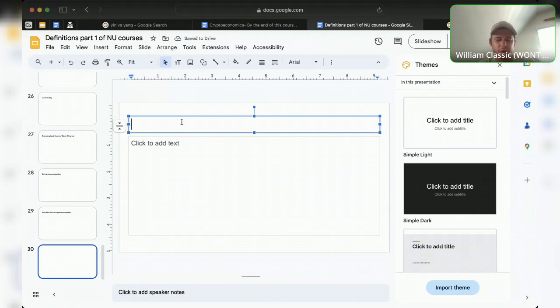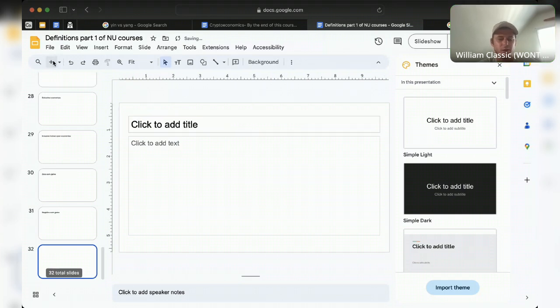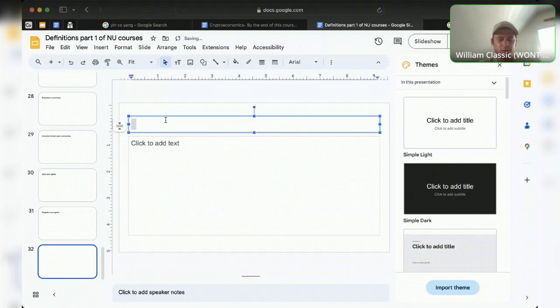I had to reorder all these, but just firing them off. Zero sum game. I actually have old slides on this stuff I could just use. Negative sum game. Positive sum game.